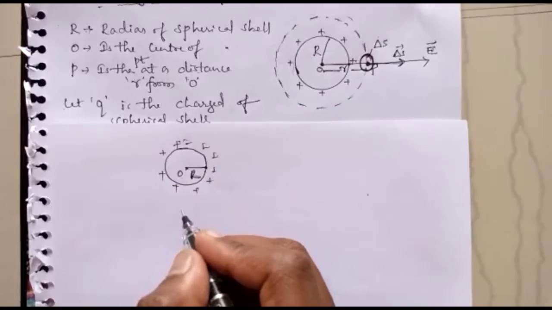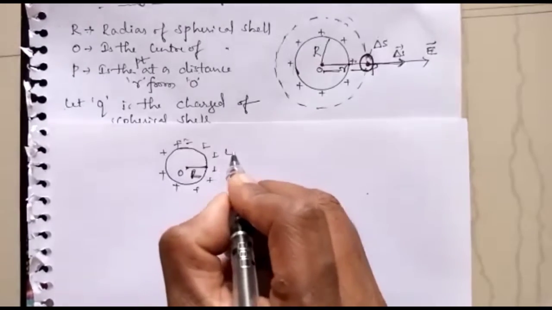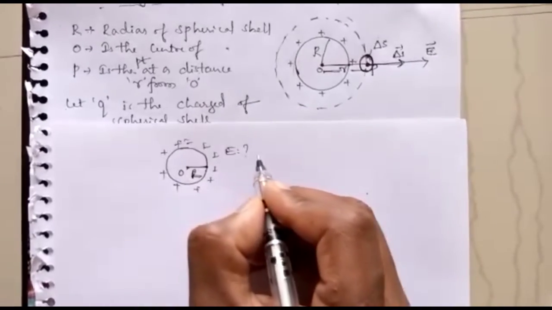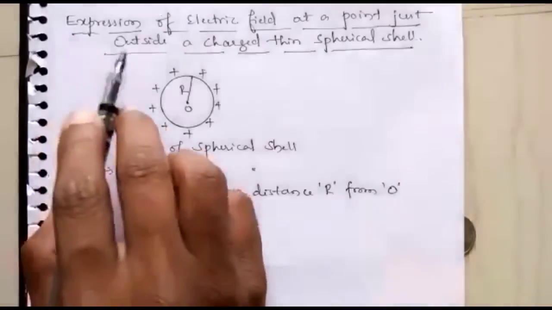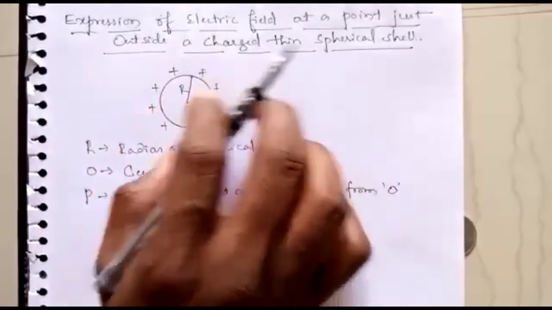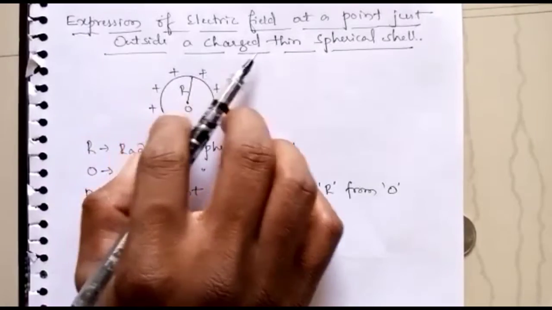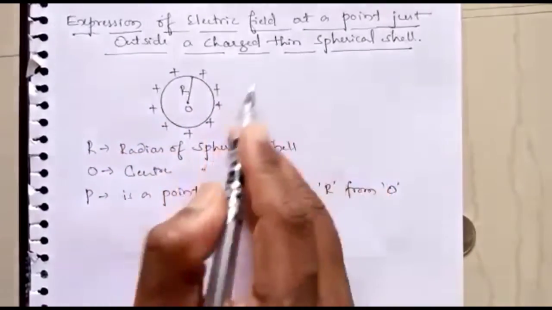Therefore we have to calculate the expression of electric field E at a point just outside the charged thin spherical shell.